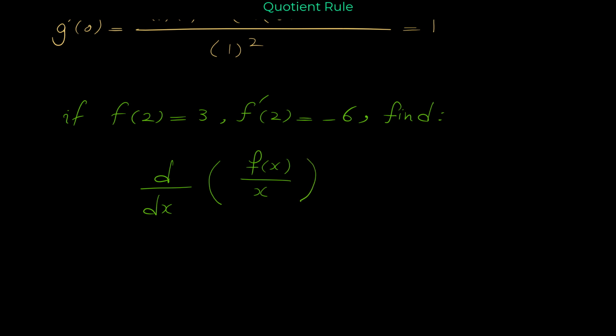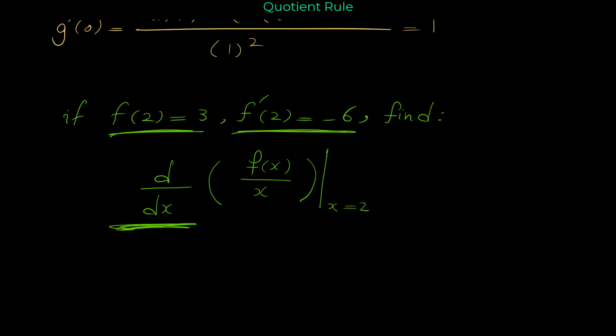We don't know what function f is, we just have some information about it. We know that f of 2 is 3, f prime of 2 is negative 6, and we are asked to find d over dx of f of x over x when x equals 2.